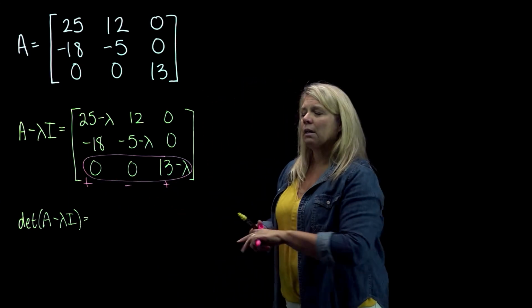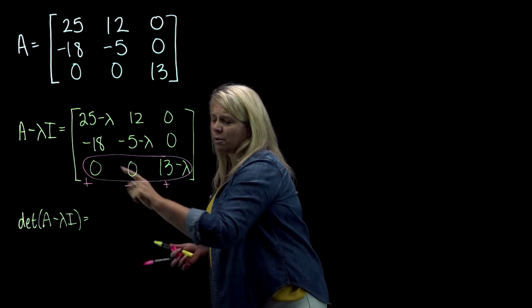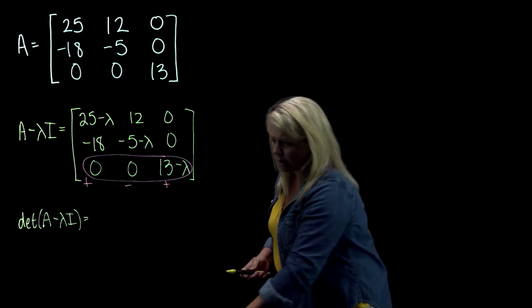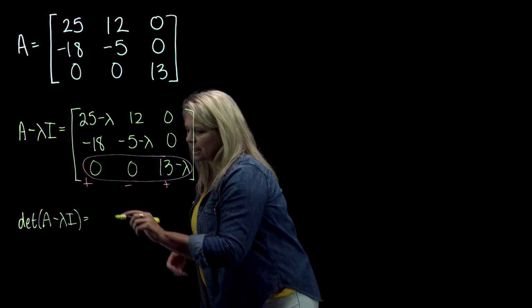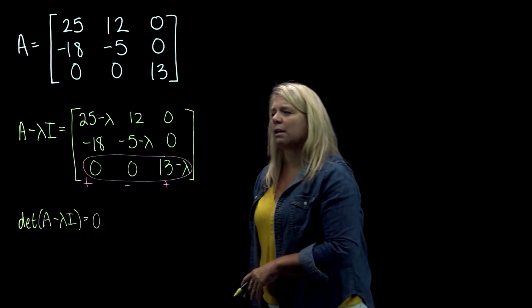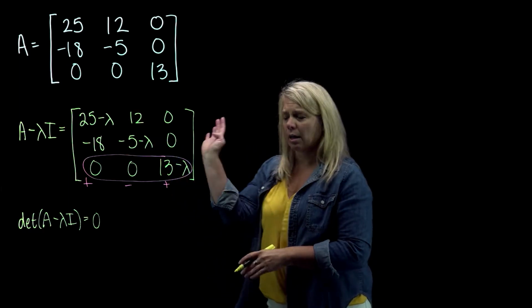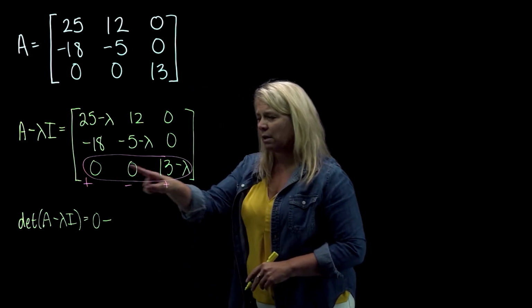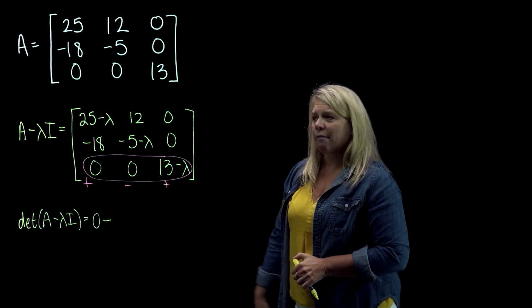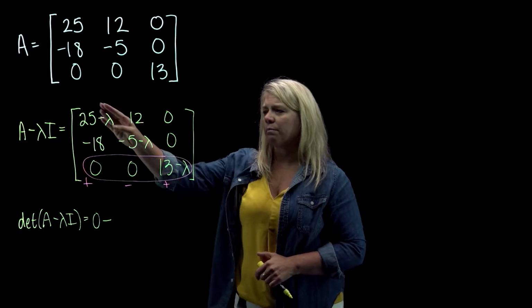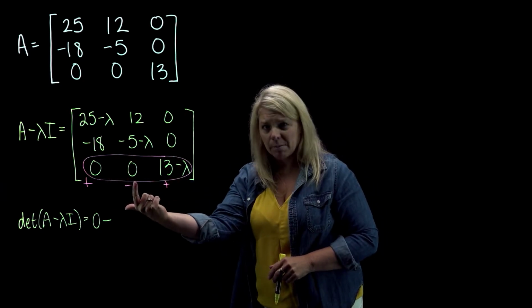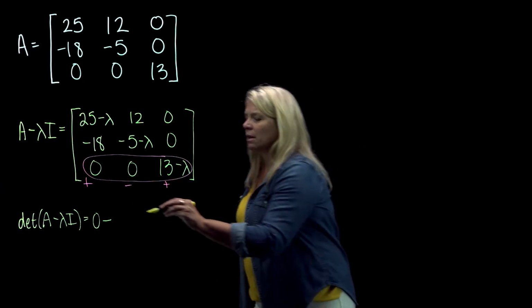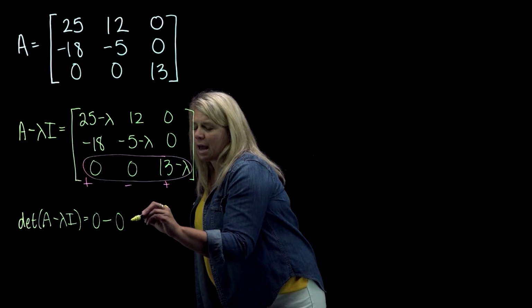All right, so this part for my determinant will end up being 0. So I'll have plus 0 times the determinant of what's left when I eliminate that row and column. That's all just going to be 0. Minus 0 times the determinant of what's left when I eliminate that row and column. Because I'm going to multiply by 0, that's still going to be 0, so I don't really need to write that.